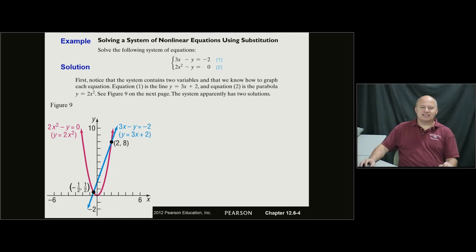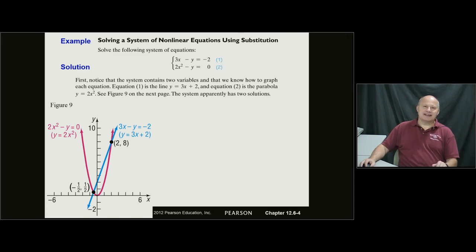So graphing is not really an option for solving these equations, because typically you're going to be off a little bit, especially if the intersection point is between the tick marks. The only thing you can do at that point is estimate. Instead of negative 1/2, 1/2, it could have been negative 4/7, comma 5/8. Both are close to the magnitude of 1/2, and you would never know.